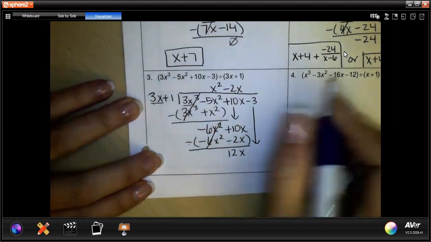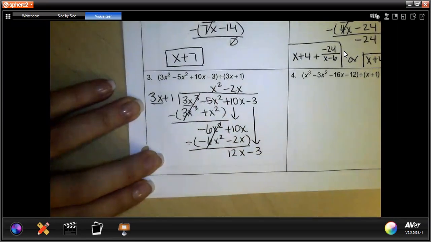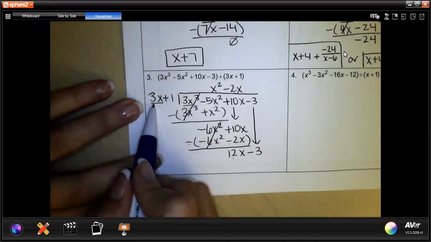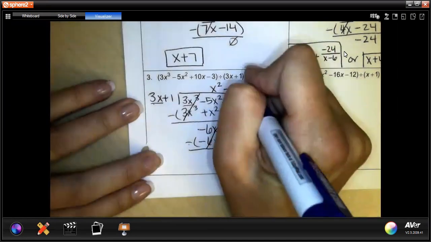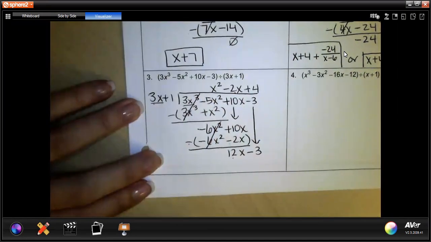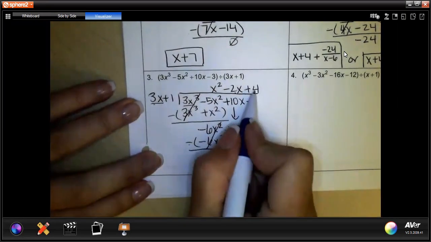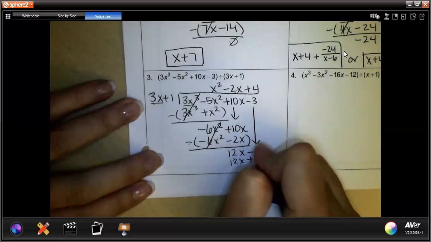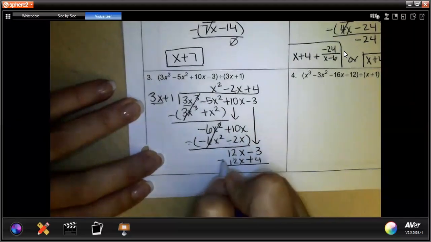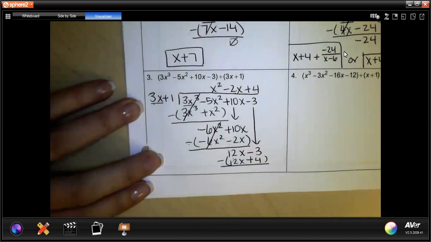Now we drop this negative 3, and we start the process again. So 12x divided by 3x is 4. 4 times 3x gives us 12x, and 4 times 1 gives us 4. We are ready to subtract.